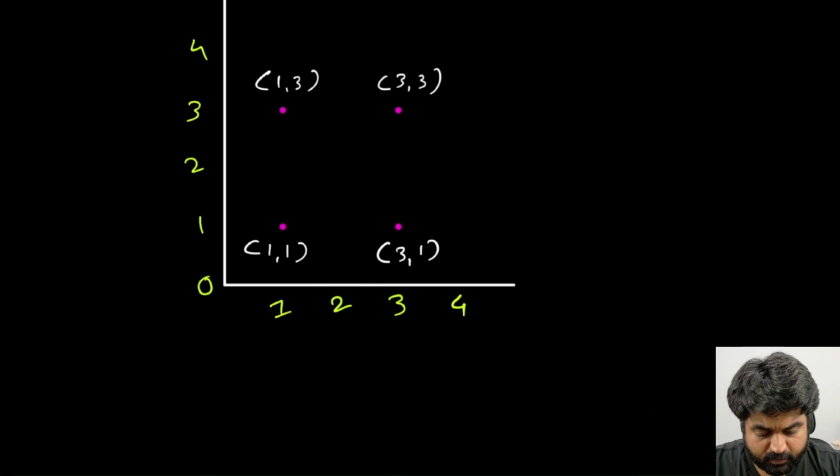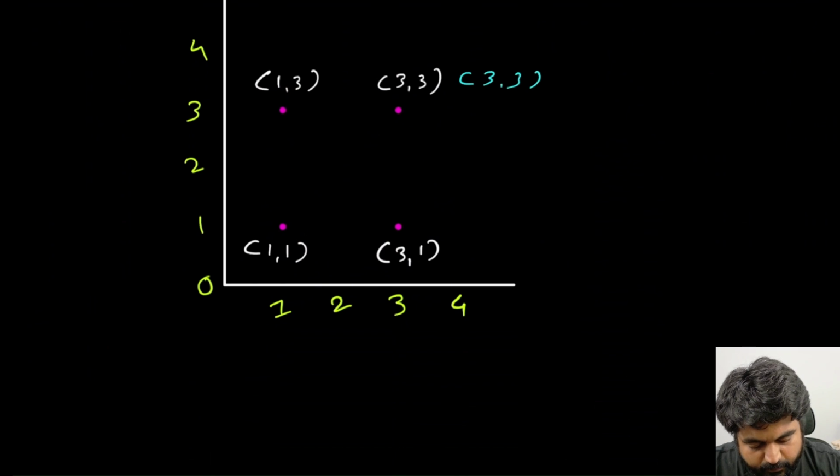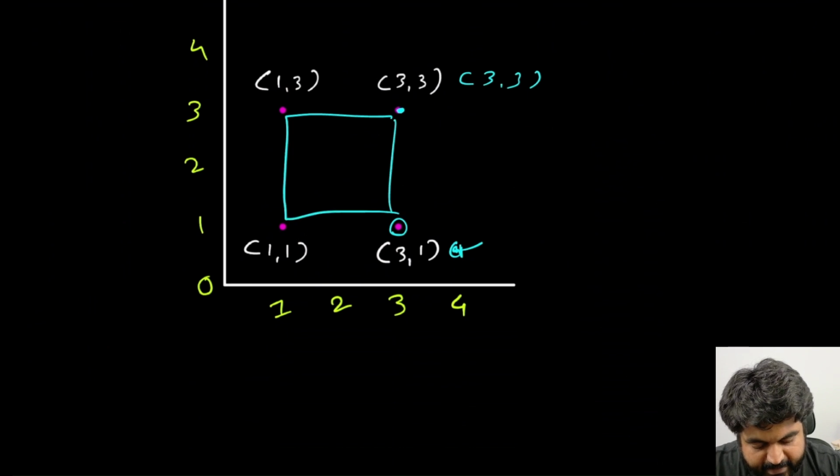And we could have a case where, let's say, the next value we are trying to add is once again 3 3, so we would have one more point over here, and then we are being asked to check whether we are able to detect any squares using this 3 1 endpoint. So now in this case we can generate two squares. The first square looks like this, and the second square looks like the other one, using the previous endpoints.